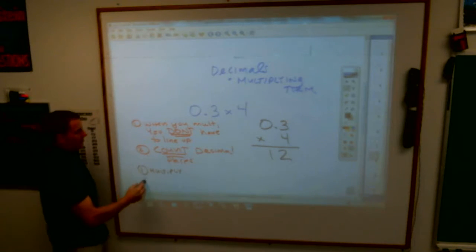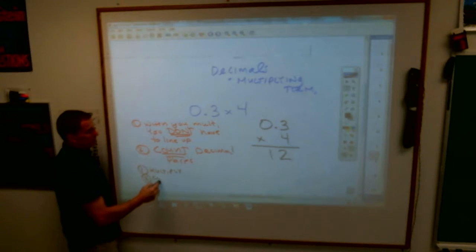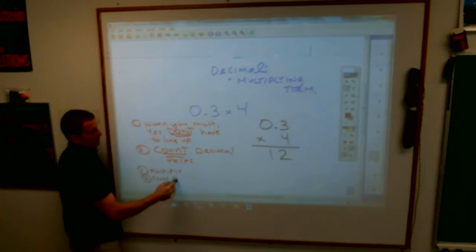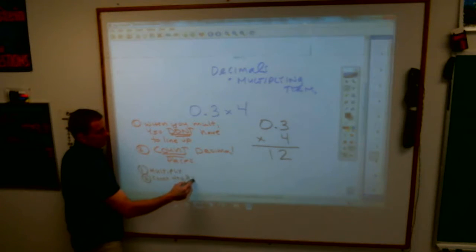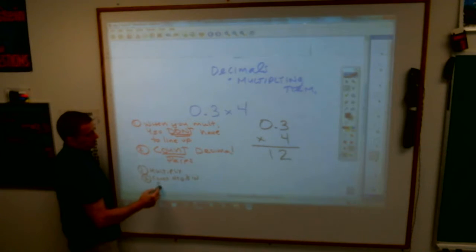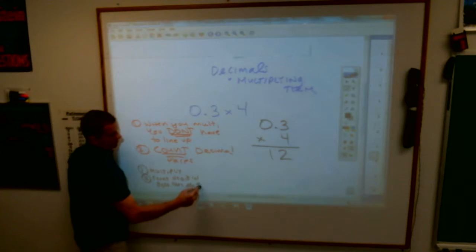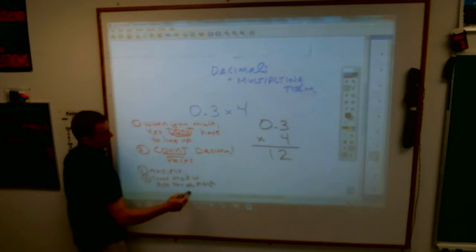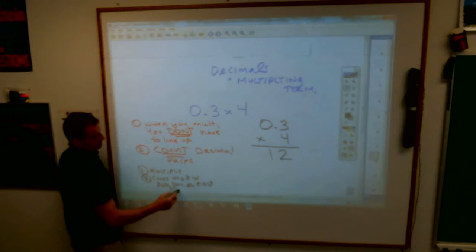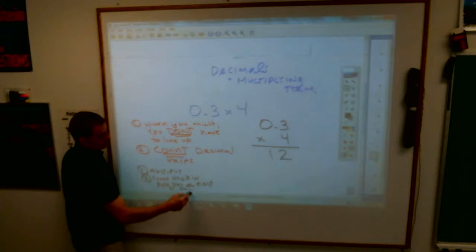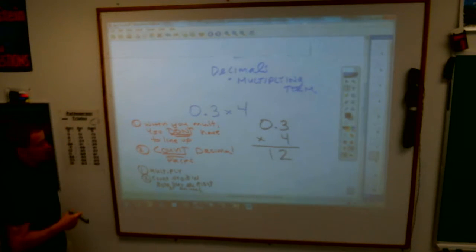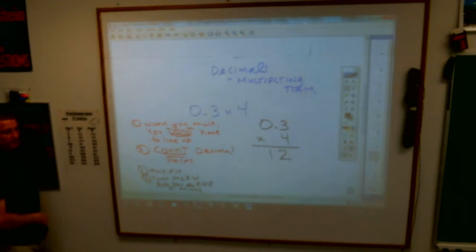And then step 2 is you need to count the decimal places, digits in both numbers that are right of the decimal. Count the digits in both numbers that are right of the decimal.